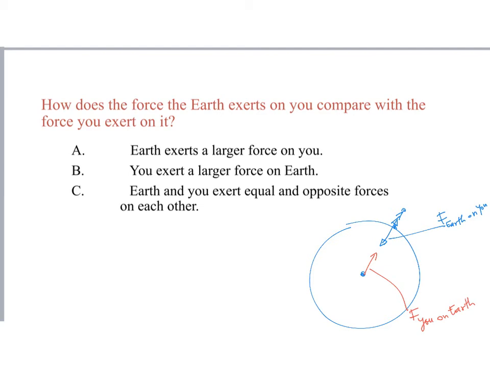So think about it. The truth is, and that is dictated by Newton's third law, that Earth and you exert equal and opposite forces on each other. Which one is that force?